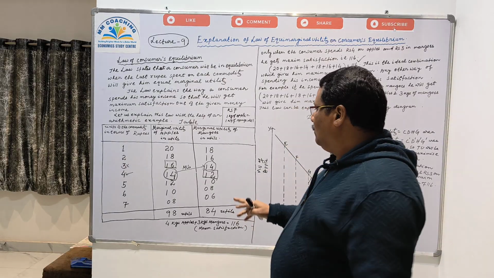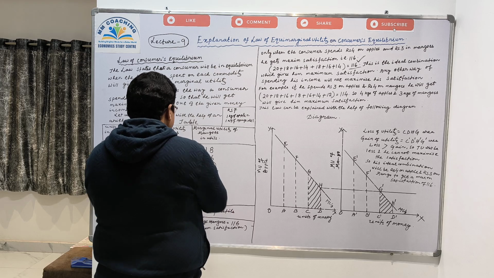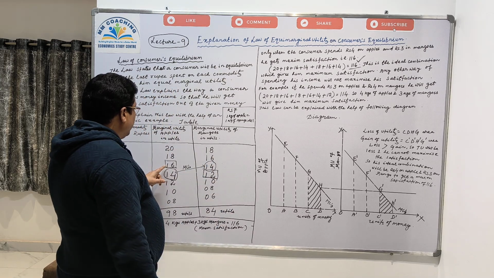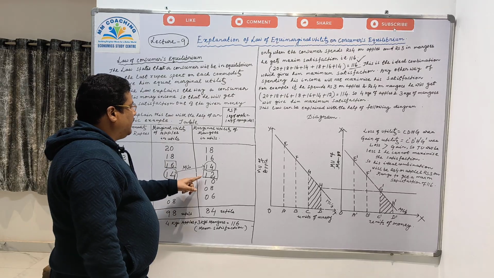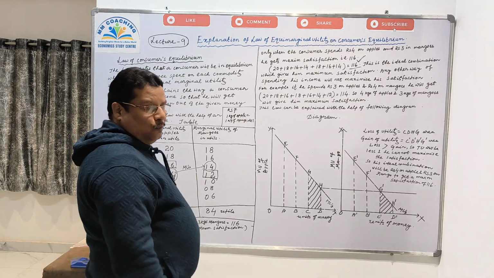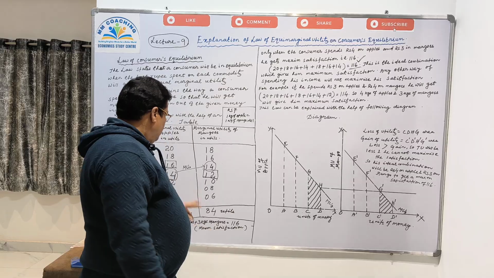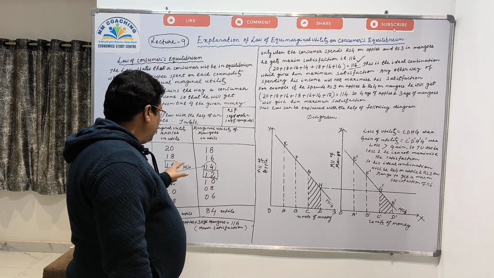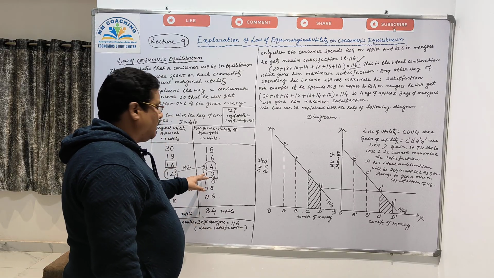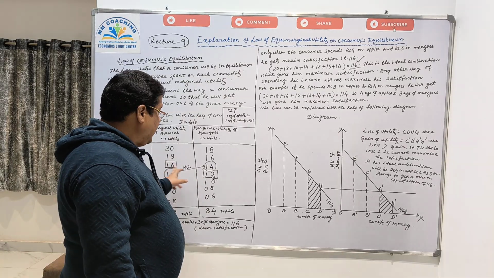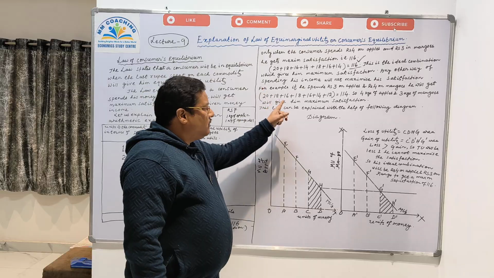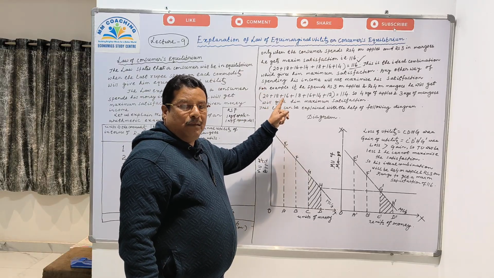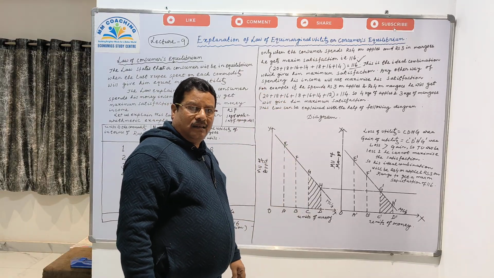But here we can see in this combination, when he buys 3 kgs of apple and 4 kg of mangoes, then marginal utilities are not equal in the last rupee. They are different. So he will not get maximum satisfaction.